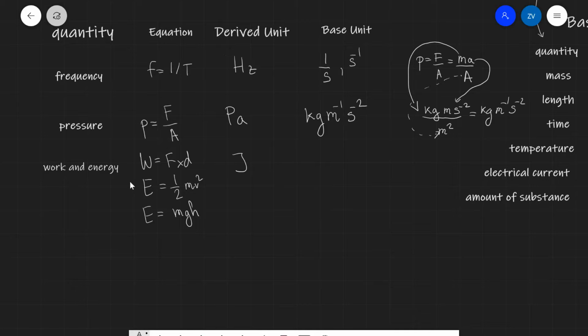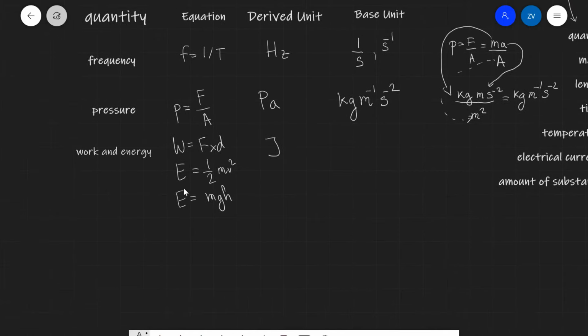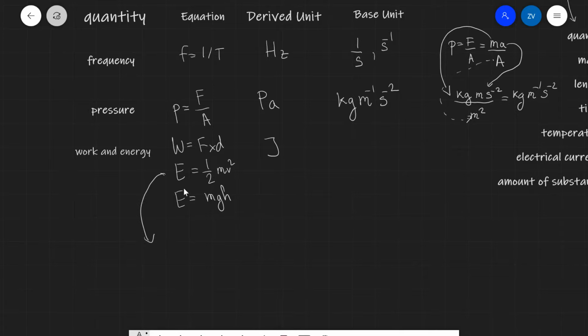Okay, so the base unit will be given by all of those quantities. Once again, I'm just going to write this maybe over here on the side. So the energy is given in joules. Now, what is the joule? Okay, so the half has no units.